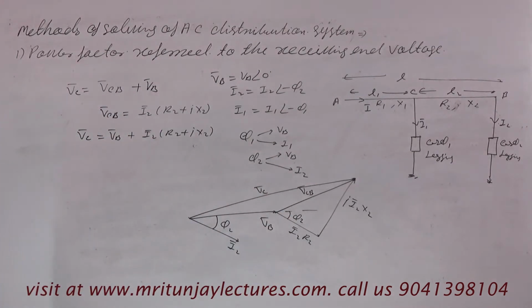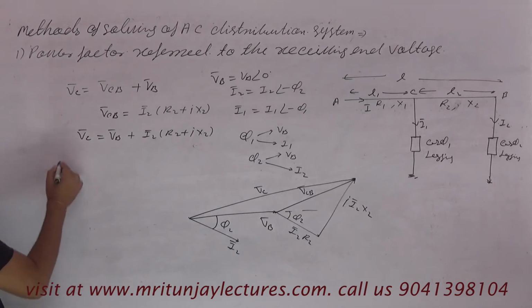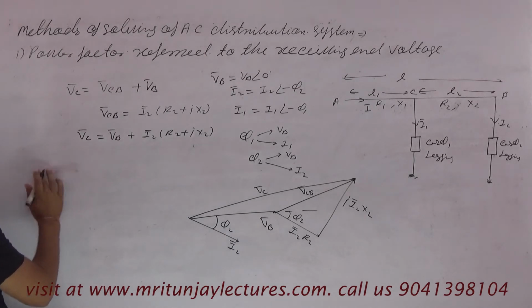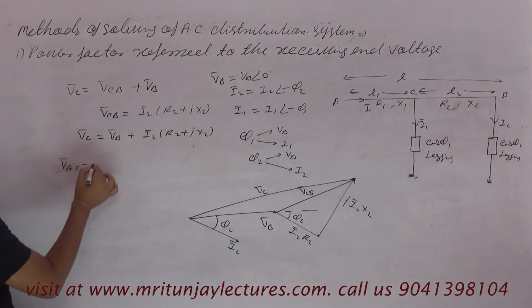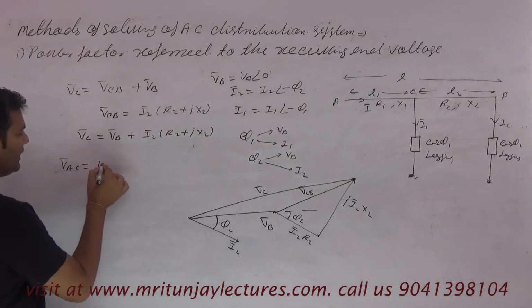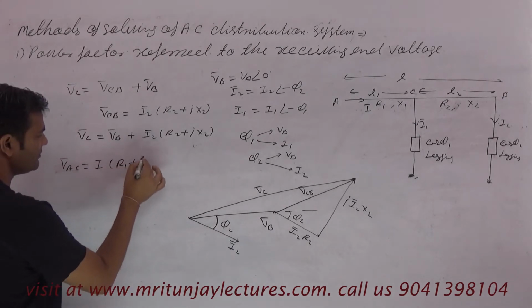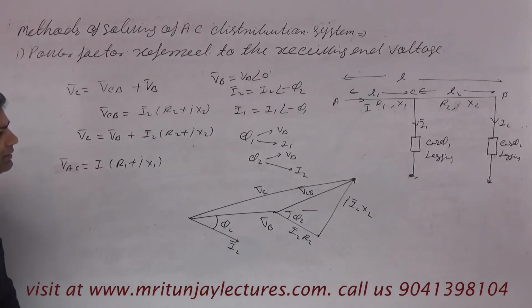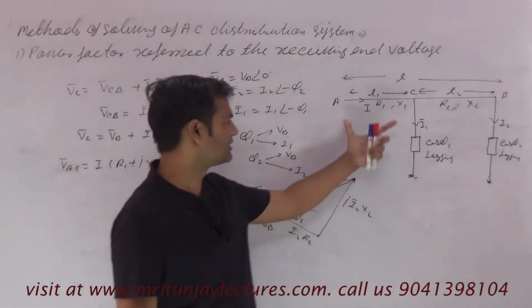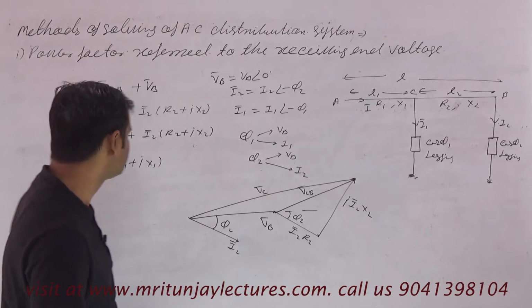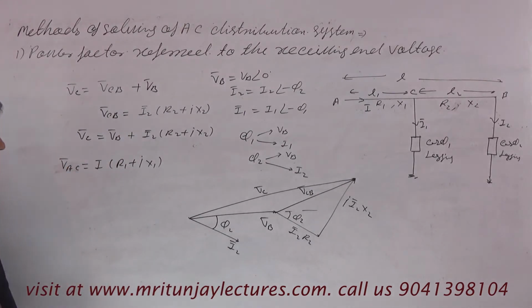Clear? Now the next target is V of AC. How to draw V of AC? This V of AC is I into R1 plus jX1. Okay, the voltage across this distributor is I into R1 plus jX1. What about I?